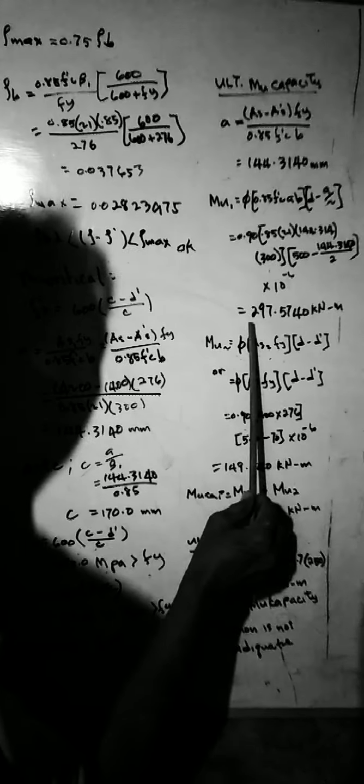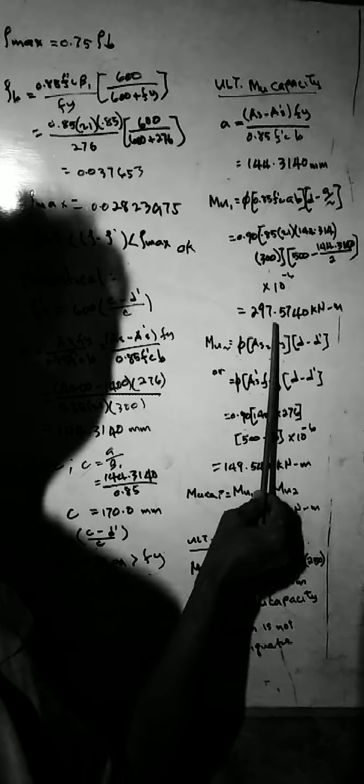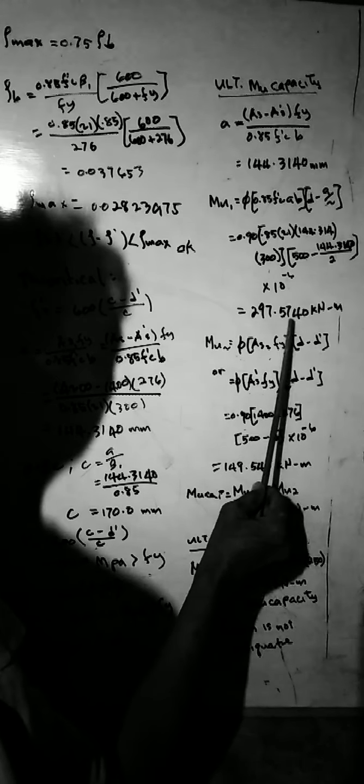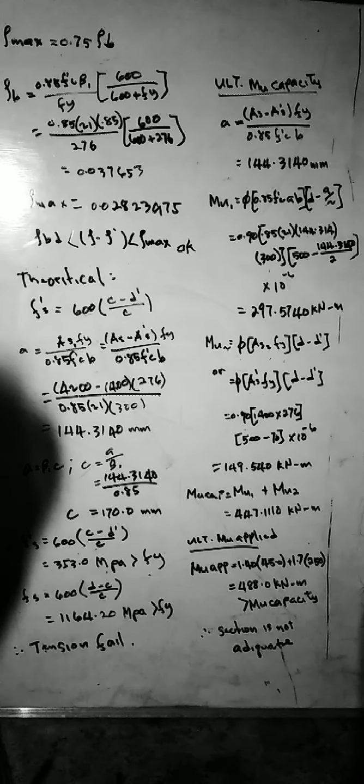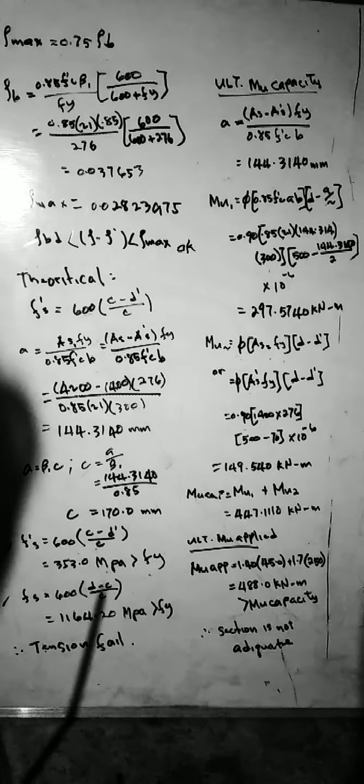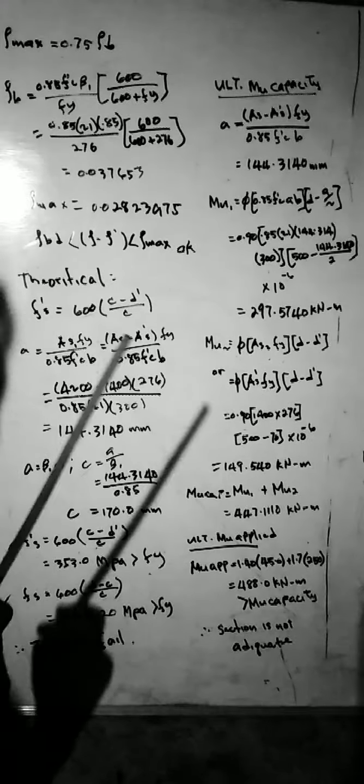So this will give us 297.5340 kilonewton meter. That is the moment capacity 1 of the section.